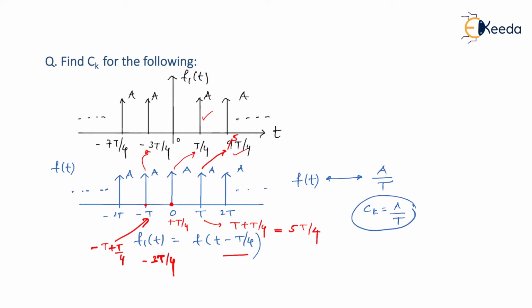It means clearly we can use a property, because by using a property, it is going to save our time. So let's say f of t has Fourier series coefficient ck, then f1 of t is having Fourier series coefficient dk. So I'm using a different letter to indicate its Fourier series coefficient so as to avoid confusion.